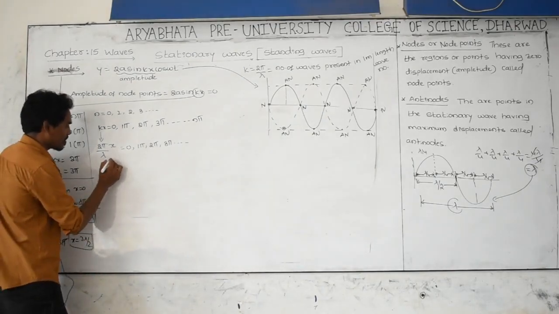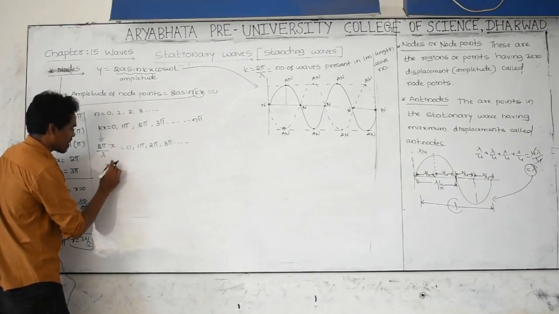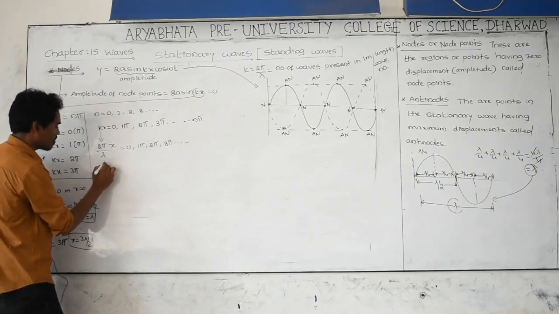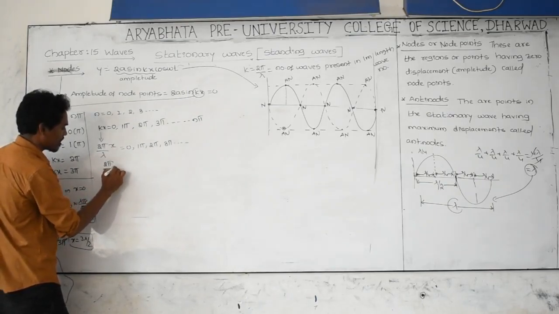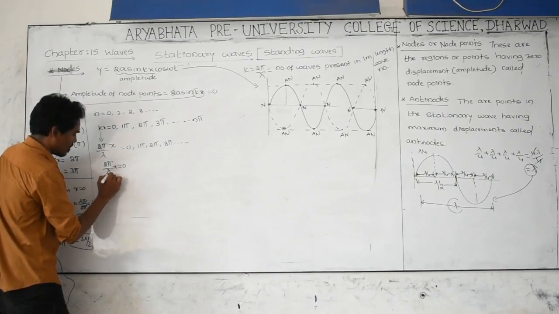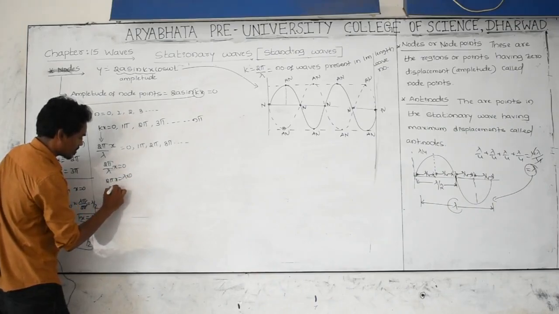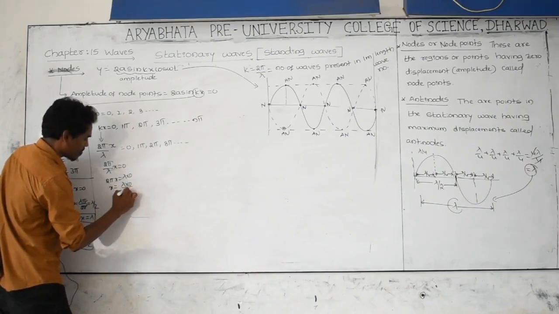Let us take x as it is. Let us take first 2 pi by lambda into x equal to 0. Lambda into 0 divided by 2 pi, then x is equal to 0.